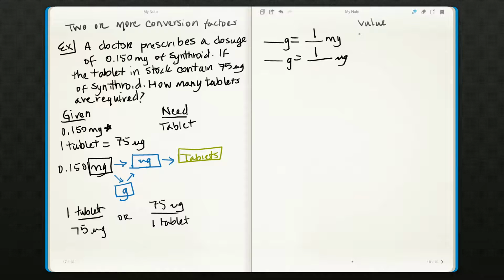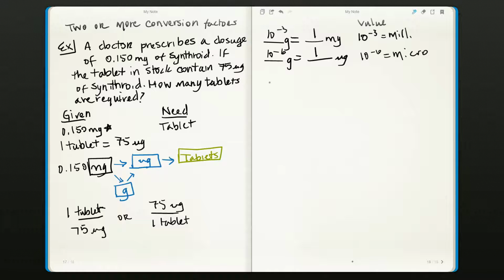So milli is 10 to the negative third, and micro is 10 to the negative 6. Okay, so now replace your value here. So 10 to the negative third grams equals 1 milligram. 10 to the negative 6 grams equals 1 microgram.